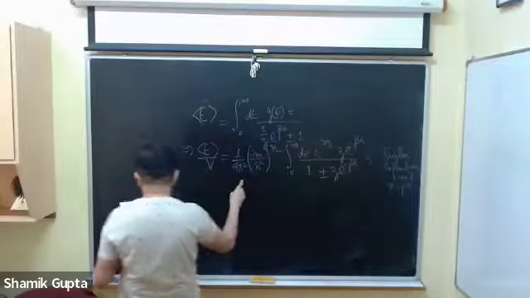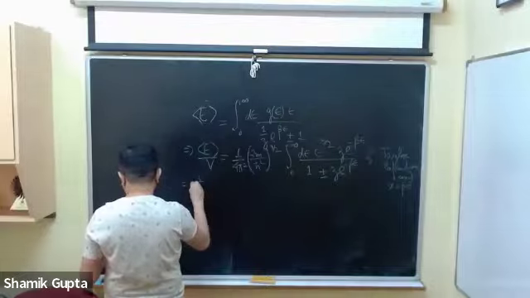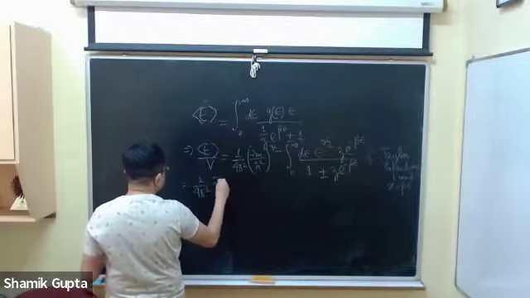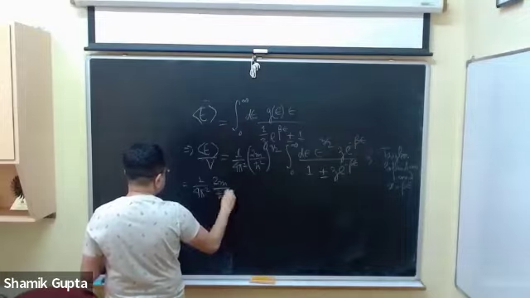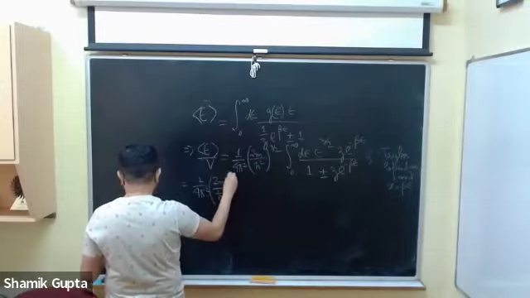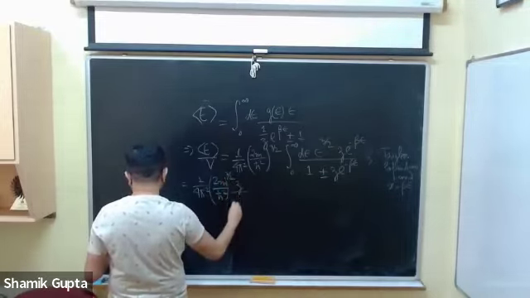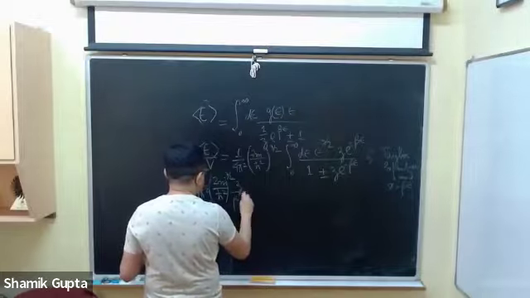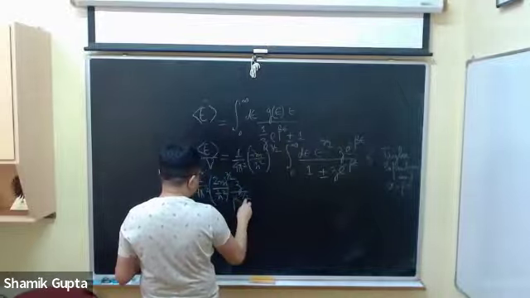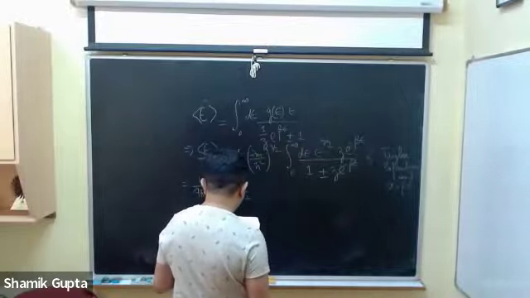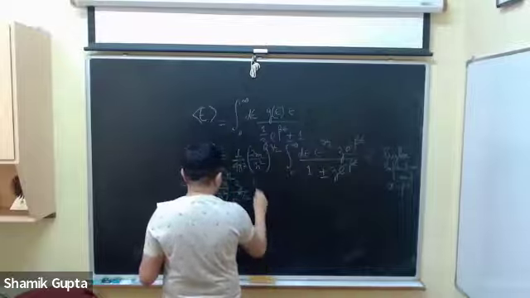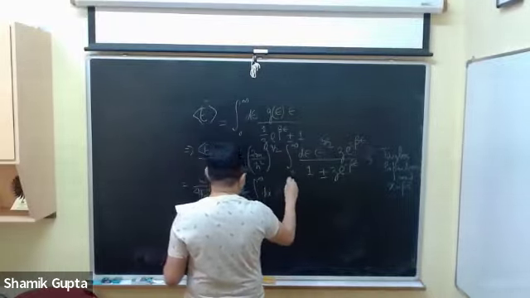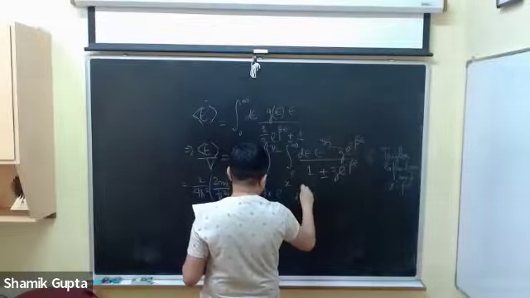If you do that, then this writes as beta to the power 5 by 2, integral from 0 to infinity dx e to the power minus x, x to the power 3 by 2.